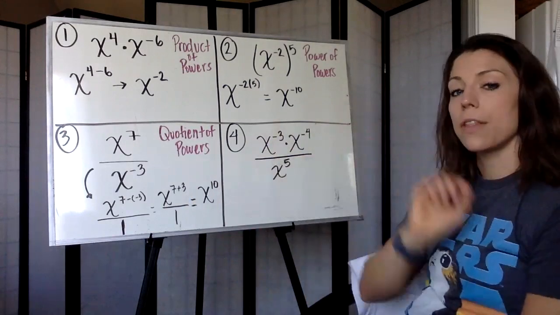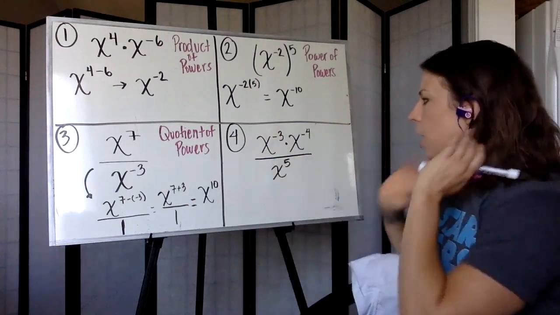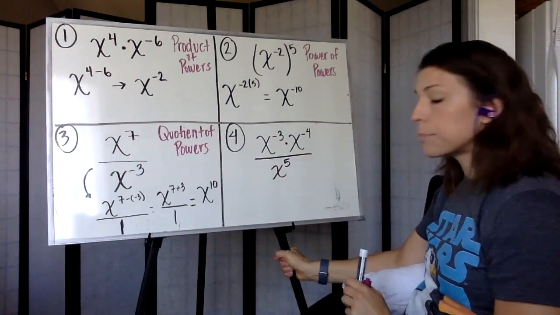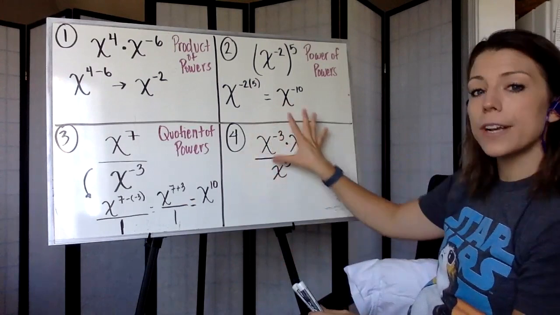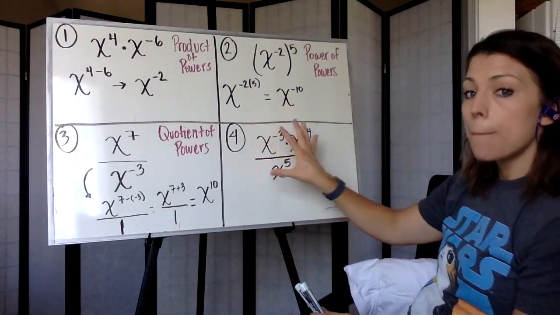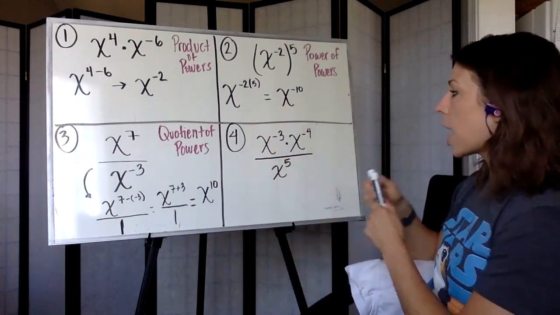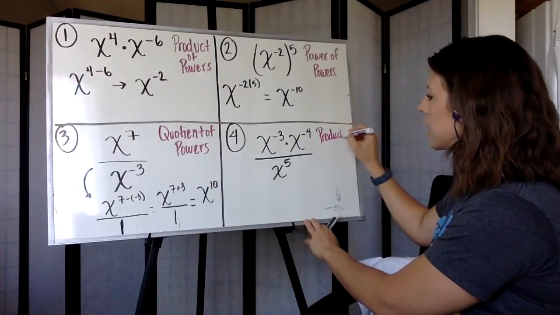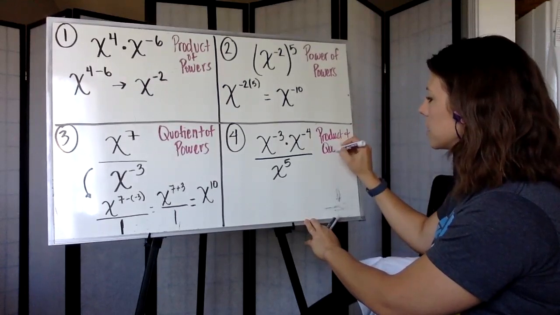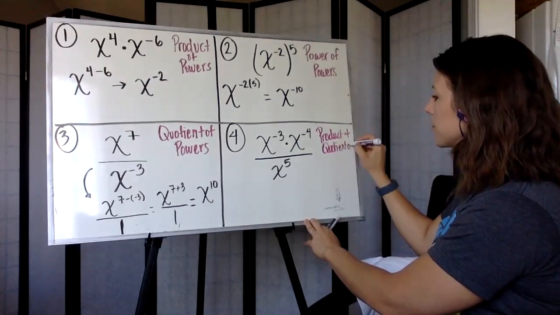Okay, number 4. Now this one is our challenge problem. For number 4, this is a blend of 2 properties. The first thing I notice is that the entire expression is a quotient, but the numerator is a product. So that tells me this is both a product and a quotient of powers.